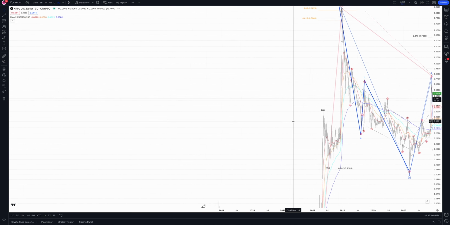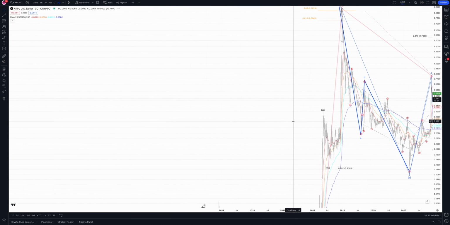Then for your wave 2, you have a triple zigzag, and this move below this wedge over here is considered the overthrow of your pattern. Any price action below this wedge would be considered manipulation.